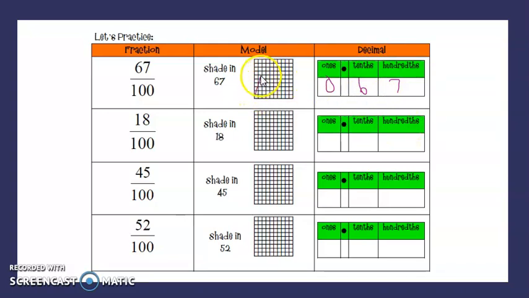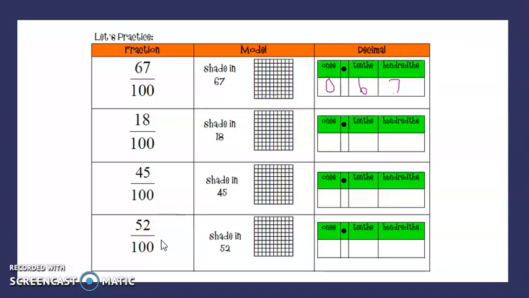Because I would have 6 columns shaded in. And again, this pen is not good for doing that. I would have 6 columns shaded in. 1, 2, 3, 4, 5, 6. So I would have 6 columns shaded in, and then I would have 7 individual blocks shaded in. Okay, so you have 3 to do. Write it in your paper. Be ready to share when we meet in class.